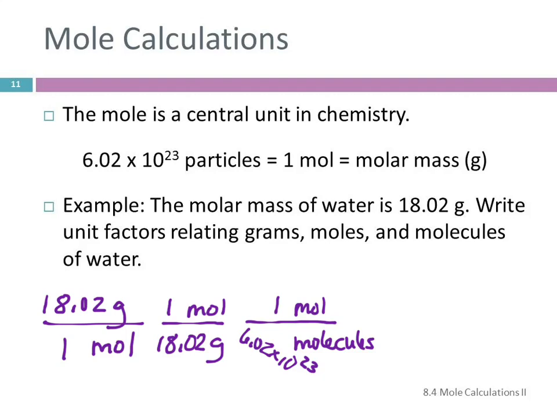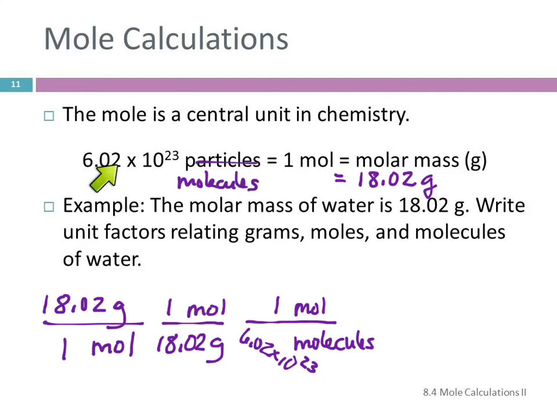Could we also go directly from grams to number of molecules? We could. So for water, this specific example that we're doing here, and let's just call these molecules because that's what they are.